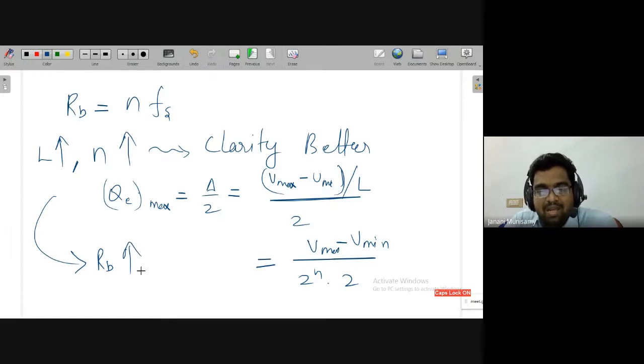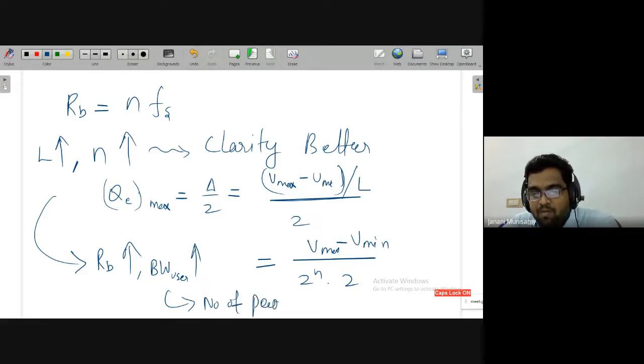If RB increases, the bandwidth of the particular user will increase. Then the number of people that can be accommodated in the system will decrease. That is the major problem.